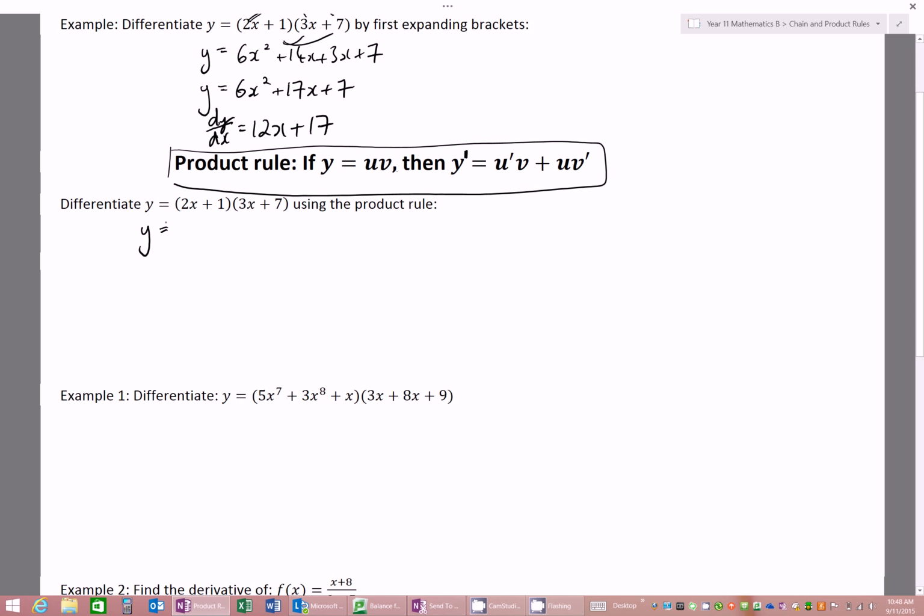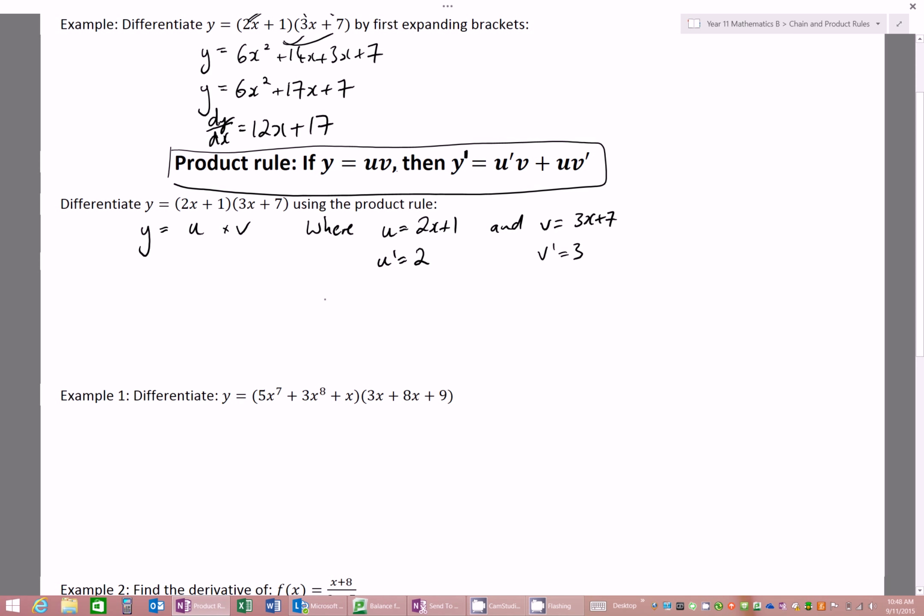So we see there's two things multiplied together. I'm going to call this u times v, where u equals 2x plus 1 and v equals 3x plus 7. Why they choose u and v when the letters are so similar, I don't know. u dash is 2 and v dash is 3.